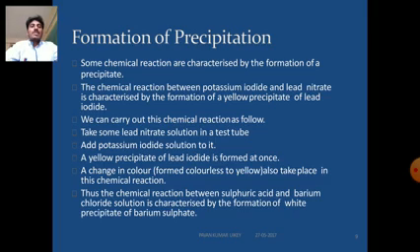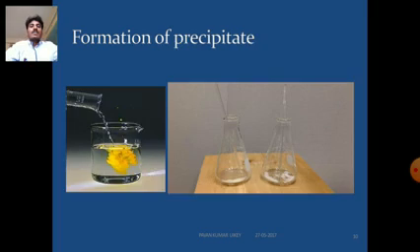A yellow precipitate of lead iodide is formed at once. A change in color from colorless to yellow also takes place in this chemical reaction. Similarly, the chemical reaction between sulfuric acid and barium chloride solutions is characterized by the formation of a white precipitate of barium sulfate. The formation of a precipitate.